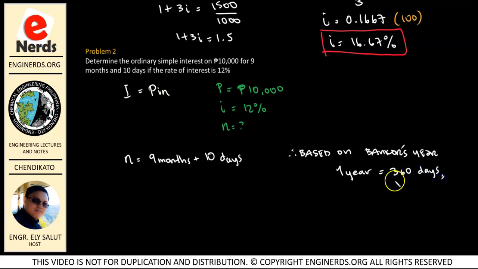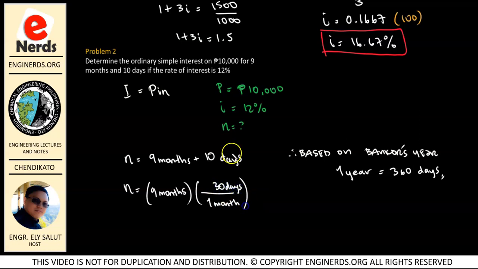Okay, so yan ang ating i-consider. So, let us convert itong 9 months into days. So, N is equal to 9 months. And in 1 month, we have 30 days, according to the banker's year. And we have to add this to 10 days.